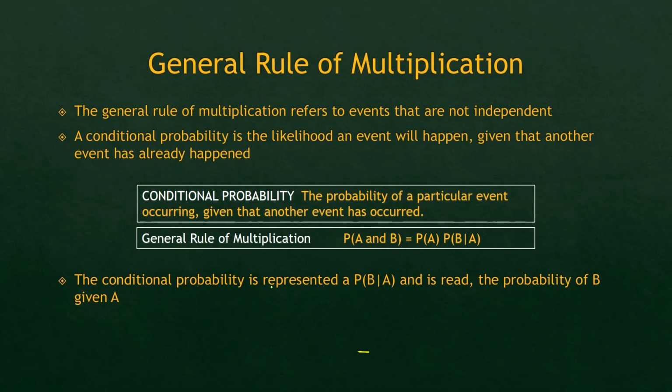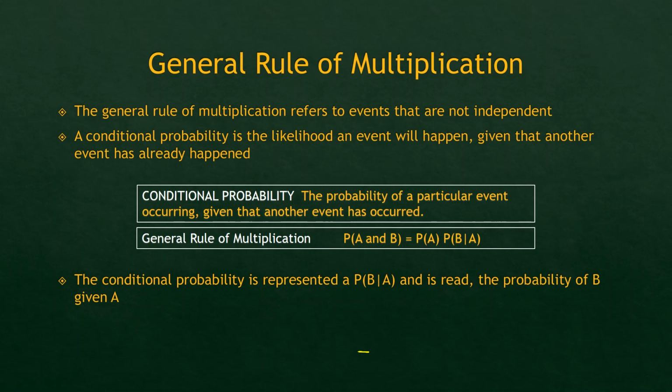Okay. So the general rule of multiplication refers to events that are not independent. The general rule means that they're not independent or they're not mutually exclusive. And then a conditional probability is the probability of a particular event occurring given that another event has occurred.